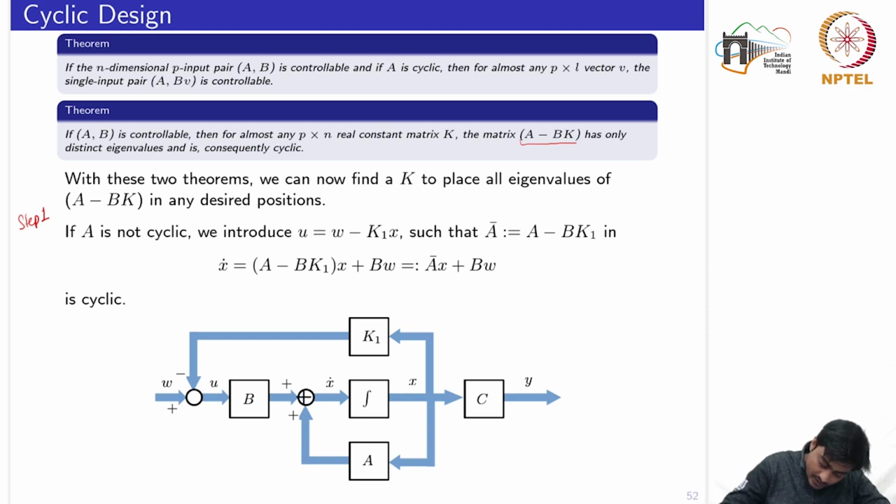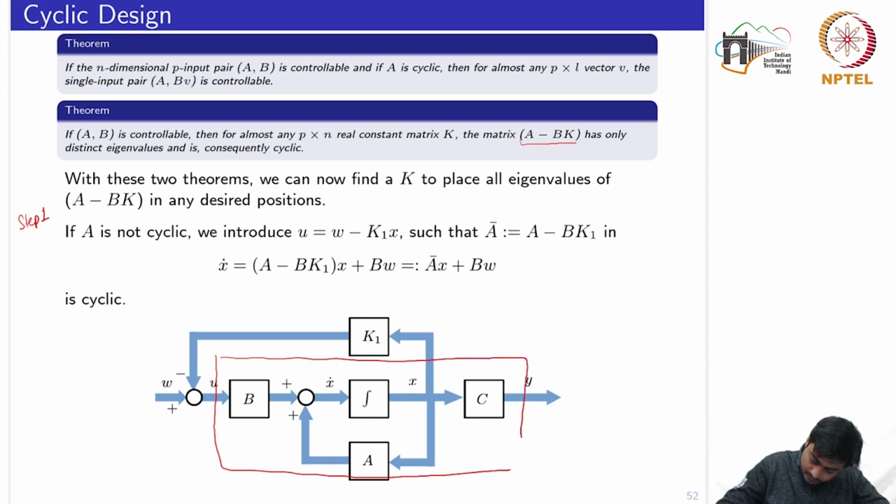So let's see how this is implemented through the block diagram. This is the original plant. Now this step 1 is carried out if the matrix A is not cyclic.